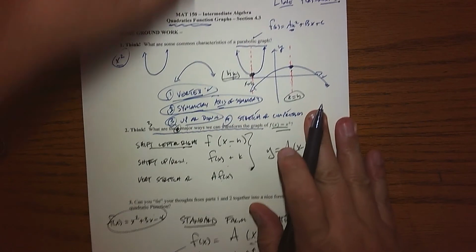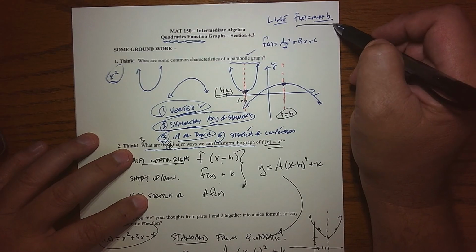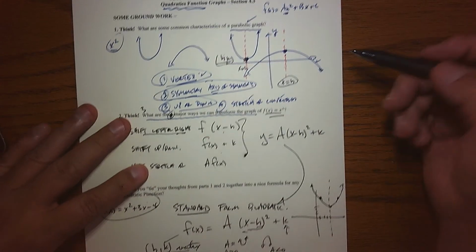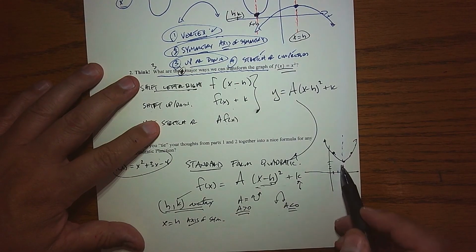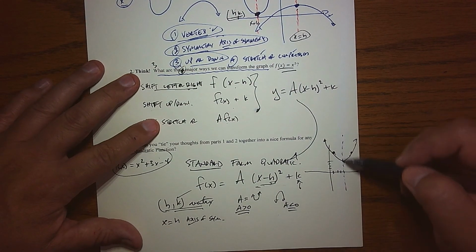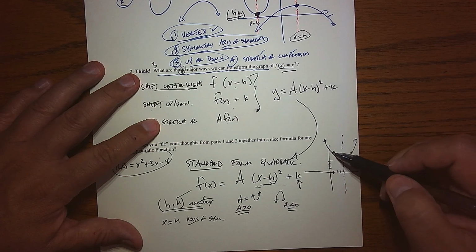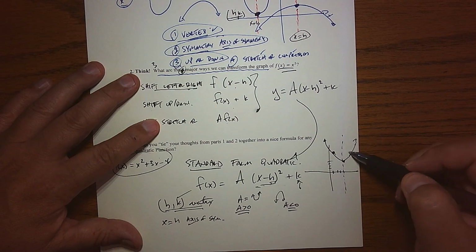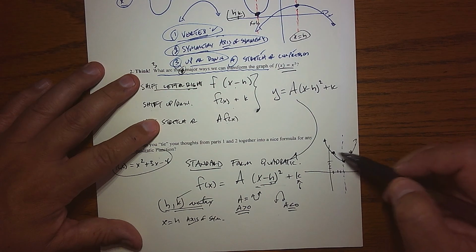Now, of course, this is not as fast as y equals mx plus b, but it kind of works the same way. (h, k) gives us a point to plot. It gives us an axis of symmetry, and all we have to do is some work finding a second point, and then we use our axis of symmetry to find that third point.